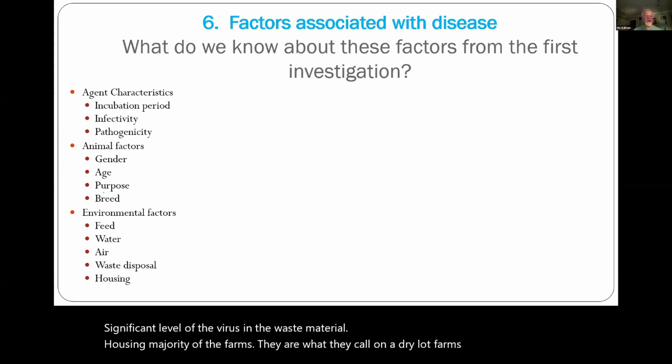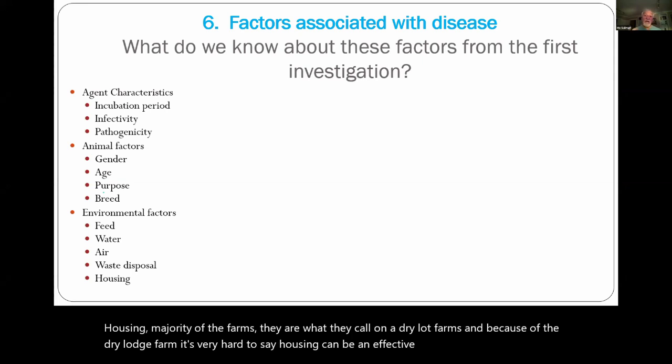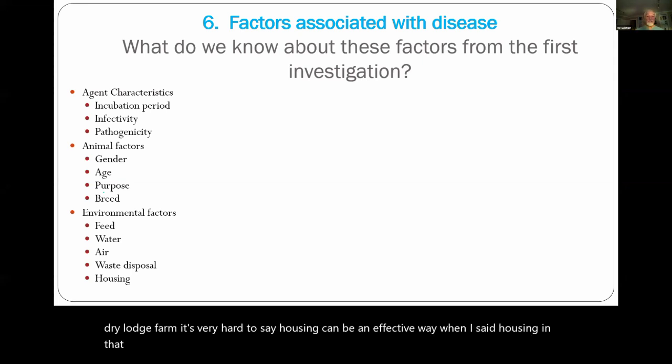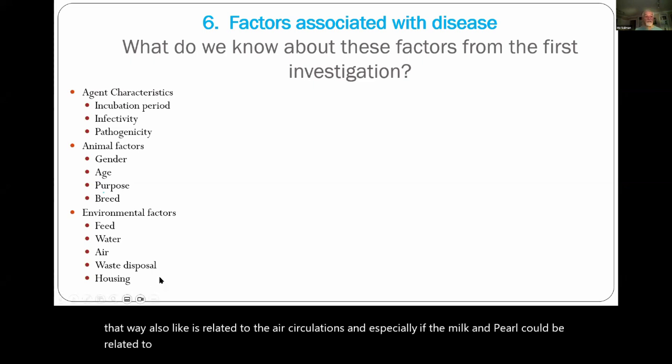And because of the dry lot farms, it's very hard to say housing can be an effective way. When I say housing in that way, it is also related to the air circulation, and especially the milking parlor could be related to this aspect.